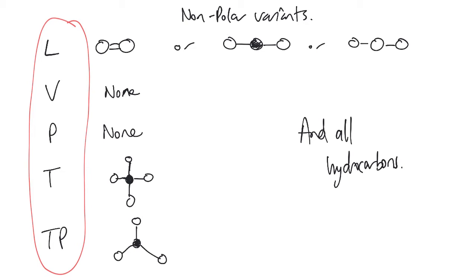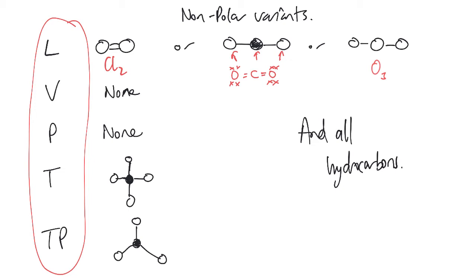If you're linear and you've got 2 of the same atoms, something like Cl2, then it's going to be non-polar. If you've got 1 atom that's different in the middle and 2 atoms that are the same on either side, like CO2, then that's also a non-polar variant. And lastly, if you have all 3 in a row being the same, and O3 is a good example of that, then it's also non-polar.